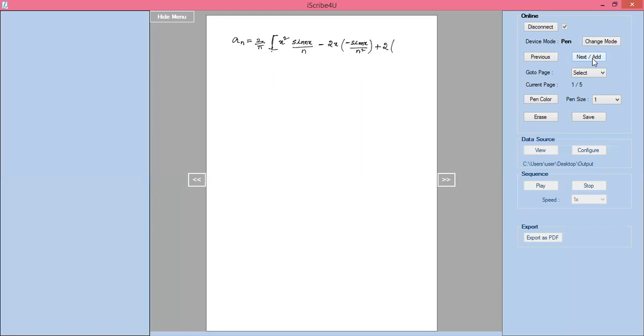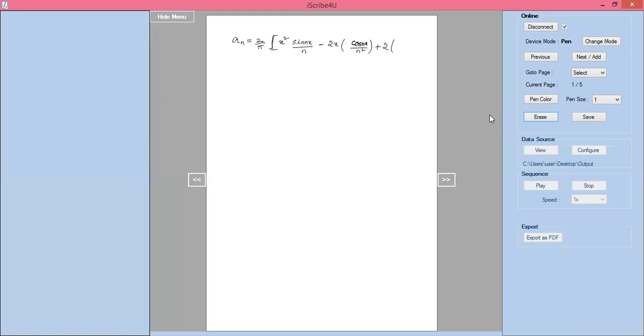So we get 2 by pi into x square into sin nx by n, minus 2x into cos nx divided by n square, plus 2 into the integration of cos nx, which is sin nx.